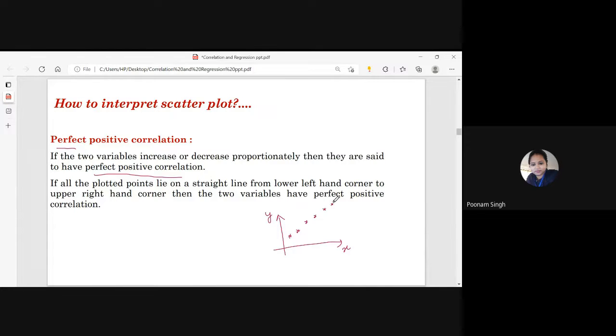It means an increasing trend will be there. So if all your plotted points lie on a straight line from the lower left hand corner to the upper right hand corner, then the two variables are said to have perfect positive correlation. If something of that kind exists, then we say that there is perfect positive correlation between both the variables.